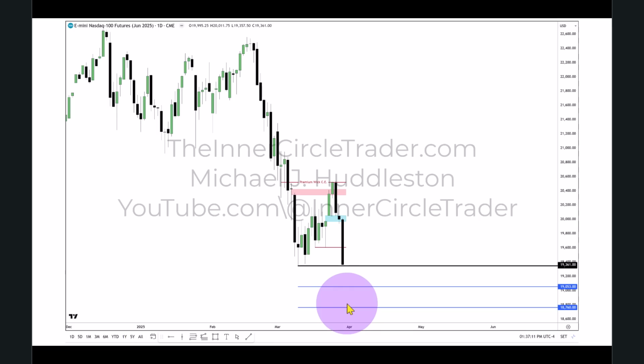Now, I'm not going to hold my position that long because of the market's volatility, because of all the saber rattling, the issues with Canada, the tariffs, like all kinds of things are going on. I don't want to hold, and to be honest with you, I don't feel all that comfortable holding over the weekend.